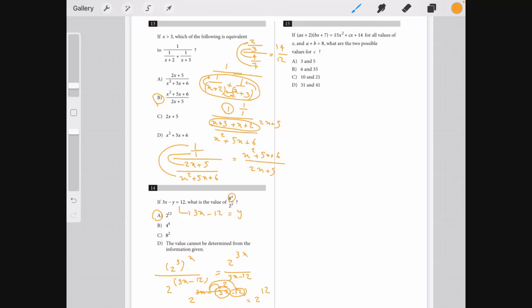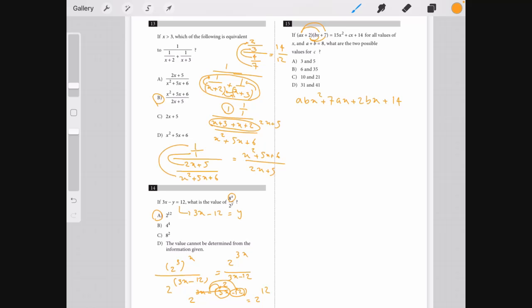Alright, let's do this one. ax times bx, ax times 7, then 2 times bx, 2 times 7. So we'll have abx squared plus 7ax plus 2bx plus 14. That's how you multiply them, right?